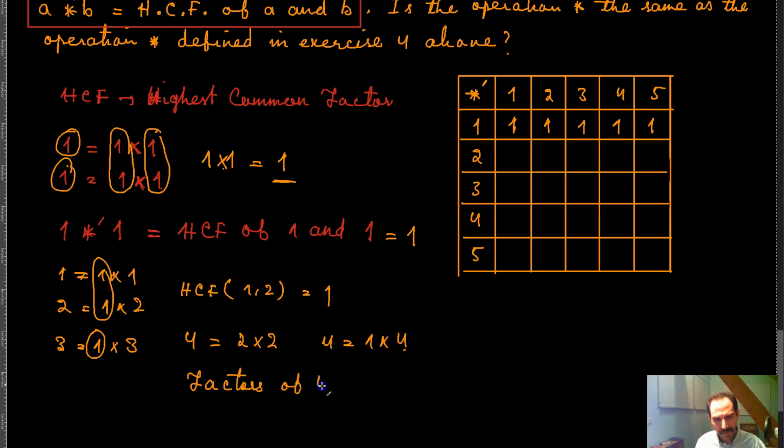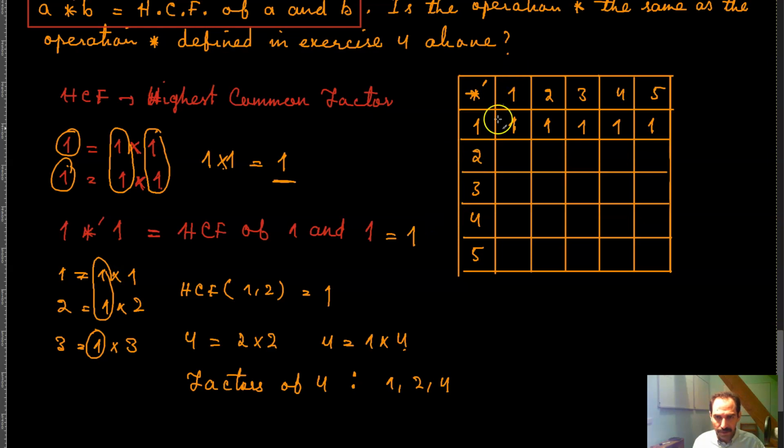Or the factors of 5 are 1 and 5, because 5 is a prime number, right? So you get only the number itself and 1.